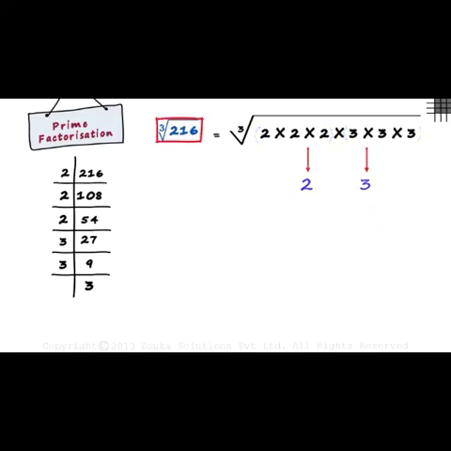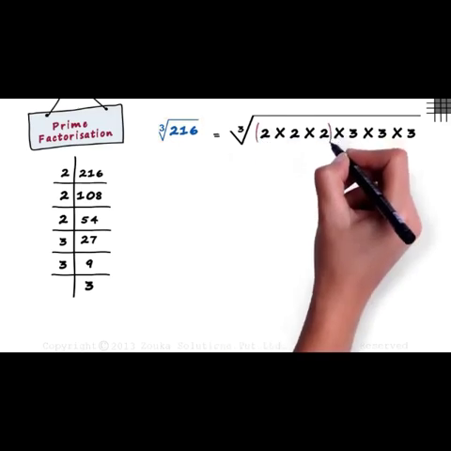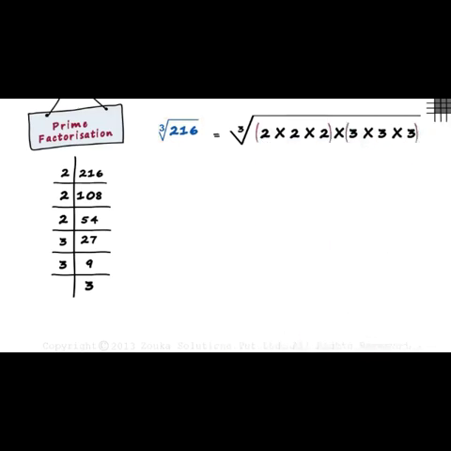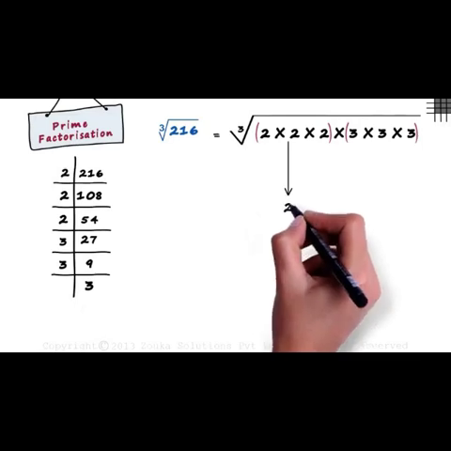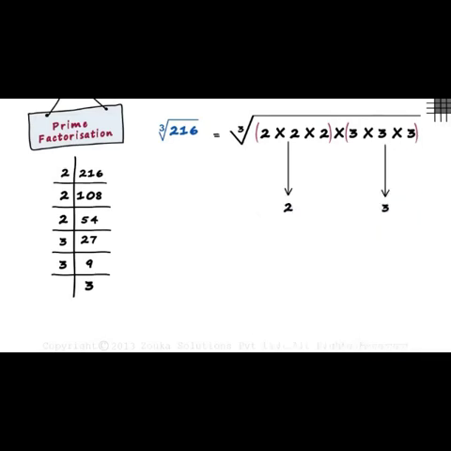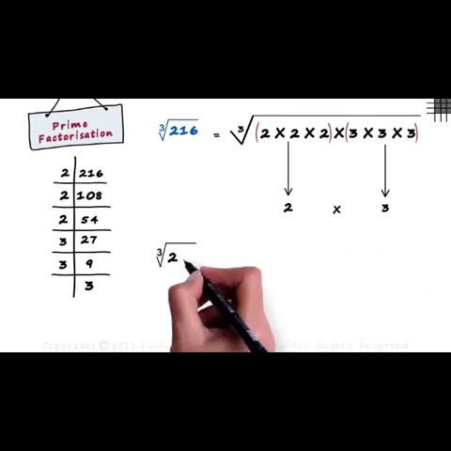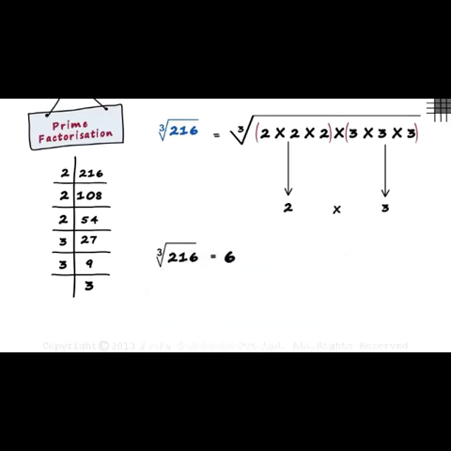Similarly, here we take one 2 for three 2's and one 3 for three 3's. So the cube root of 216 equal to 2 into 3, which means 6. Therefore, the cube root of 216 equal to 6.